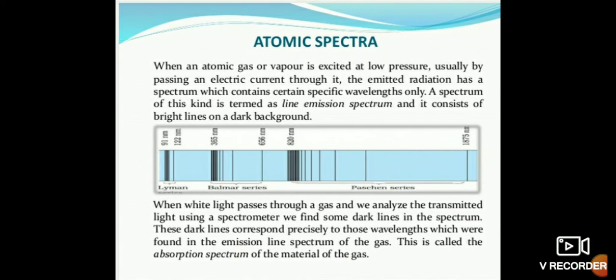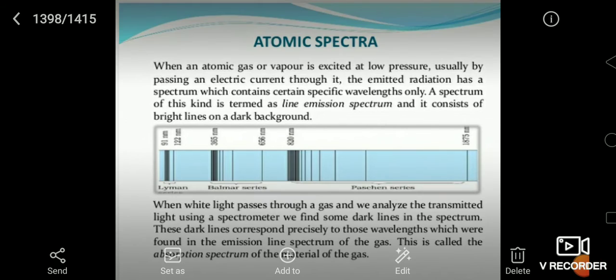Atomic spectra. When an atomic gas or vapor is excited at low pressure, usually by passing an electric current through it, the emitted radiation has a spectrum which contains certain specific wavelengths only. A spectrum of this kind is termed a line emission spectrum, and it consists of bright lines on a dark background.